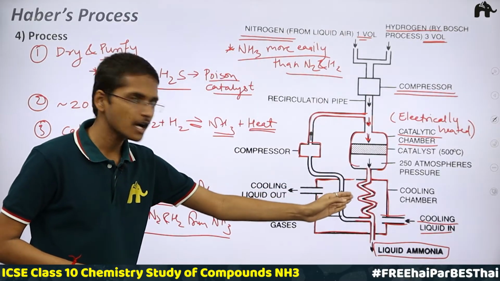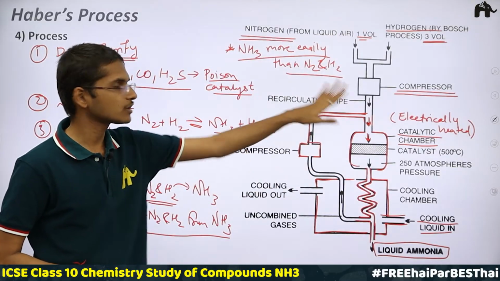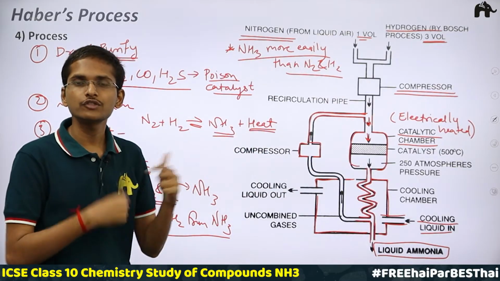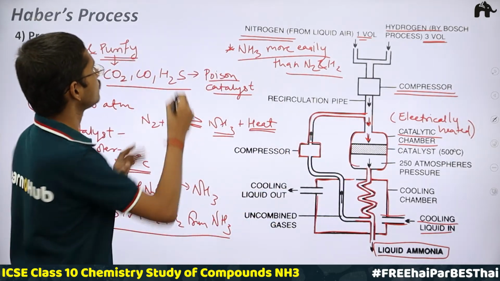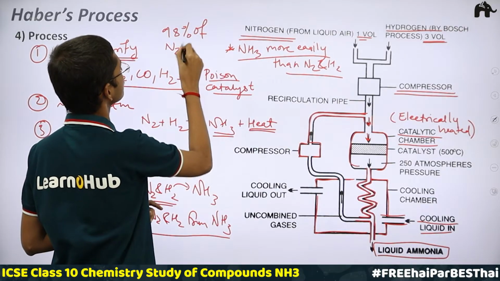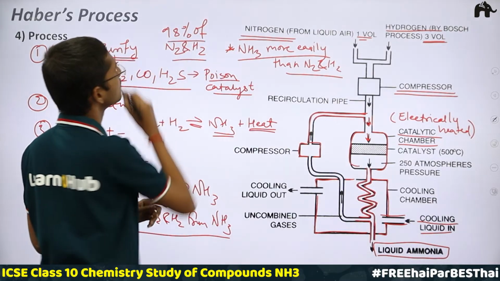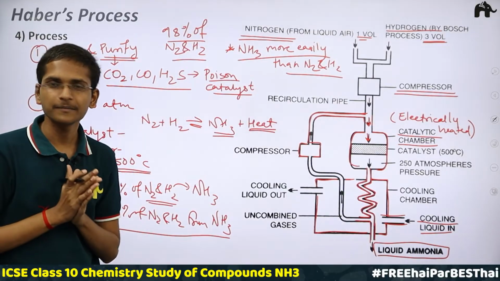They are again passed through the cooling chamber, and this process continues and continues, and 98% of N2 and H2 are converted by this recirculation method. So we are not allowing our N2 and H2 to go to waste, right?